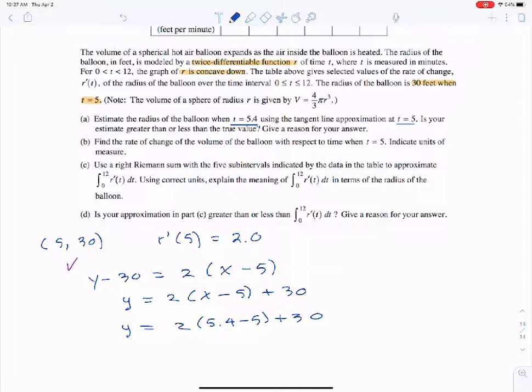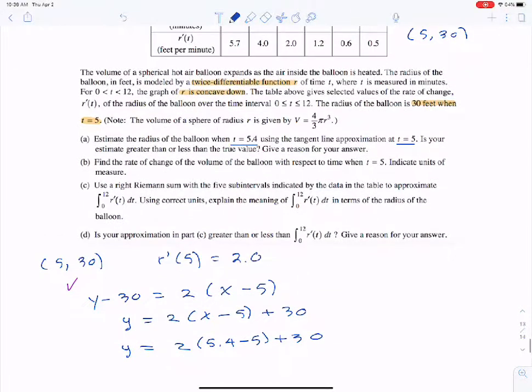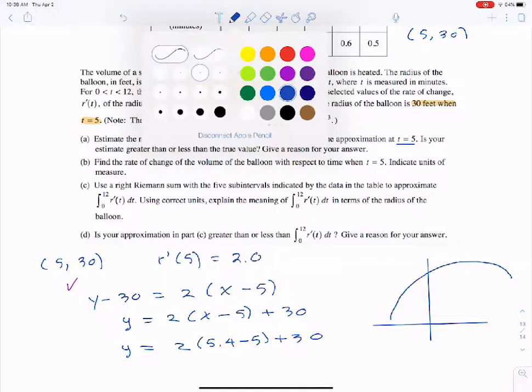Okay, next. The question is, is your estimate bigger or smaller? So let's think about this for just a second. I'm going to make a quick graph of this function, a very poorly done graph as always. We were told that the graph was concave down. So here's my graph. It's concave down. I just drew a tangent line to the graph, right?